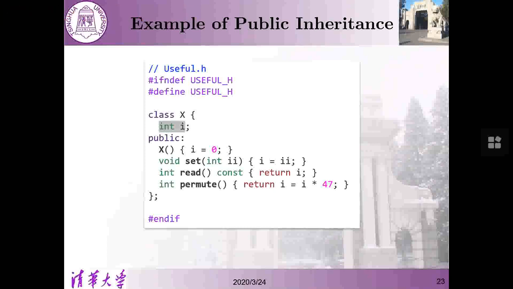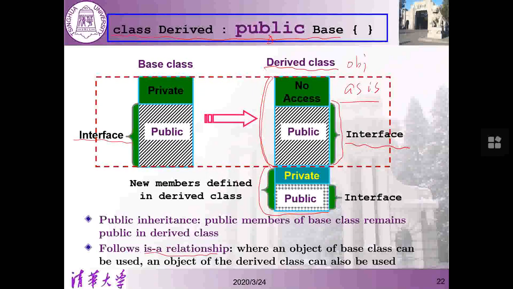If we do protected inheritance, then this part will be protected. That means we cannot access it from outside, because protected behaves similarly to private.